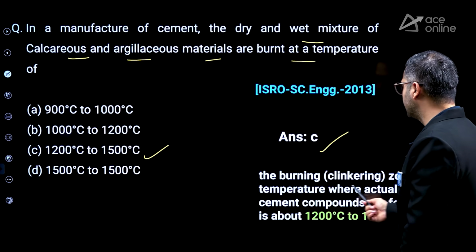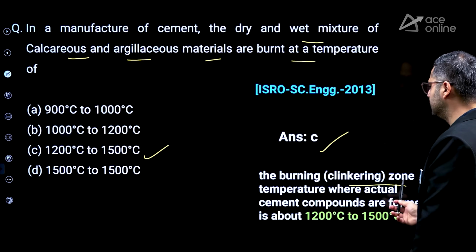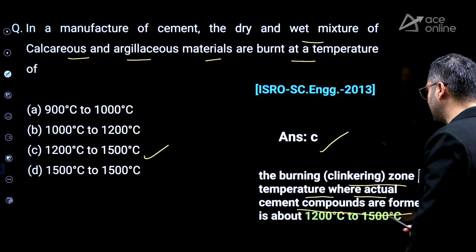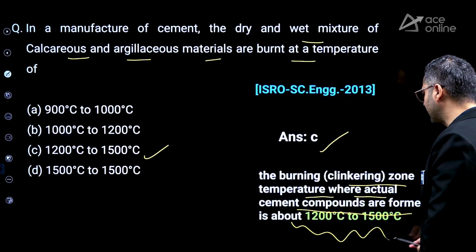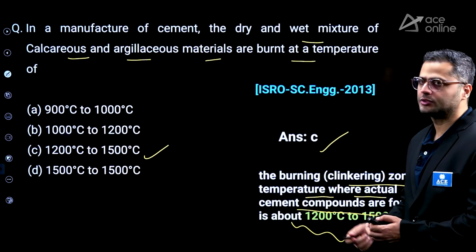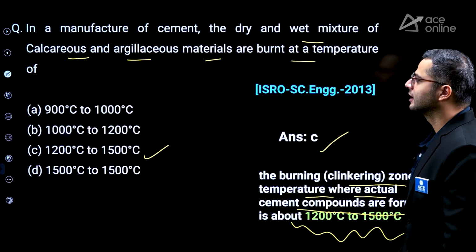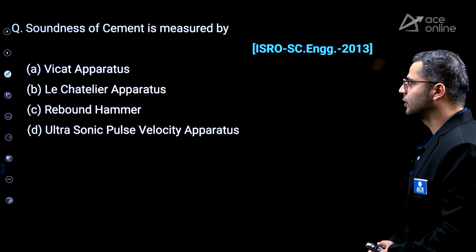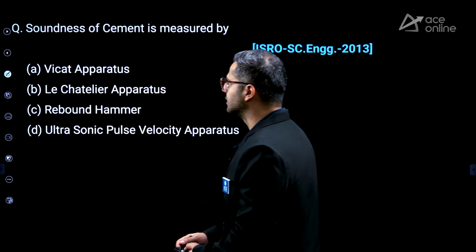The burning or clinkering zone temperature, where the actual cement compounds are formed, ranges from 1200 to 1500 degrees Celsius, but it is close to 1400 degrees Celsius. And in most of the books, you would see that the temperature has been mentioned as 1400 degrees Celsius.